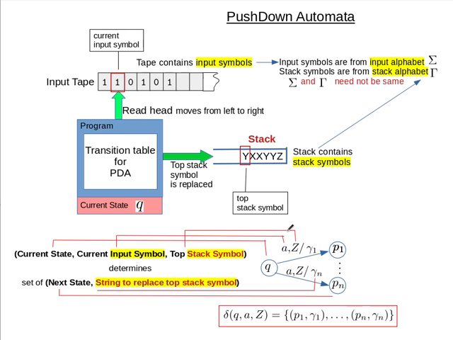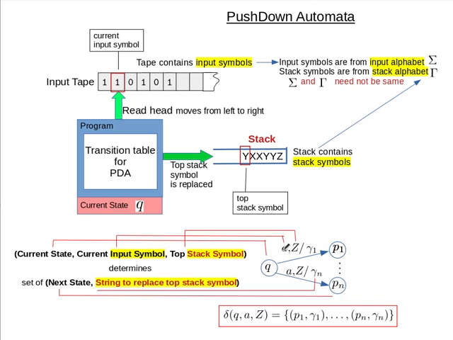So here also you have a current state, say Q, and you are seeing some current input symbol, let's say A, and this A is coming from this sigma. And also, since we are allowing epsilon transitions, this A can also be epsilon, so we will come to that later. For the time being, for simplicity, just assume that this is a symbol in sigma, but this can also be epsilon.